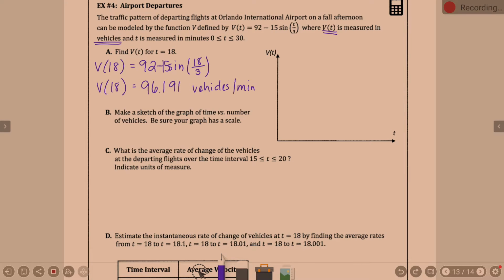Or in other words, since I'm not sure we really want to talk about 96.191 vehicles, it is about 96 vehicles. So is this an instantaneous thing, or is this an average? This is not really either of those because it's just using the equation there.